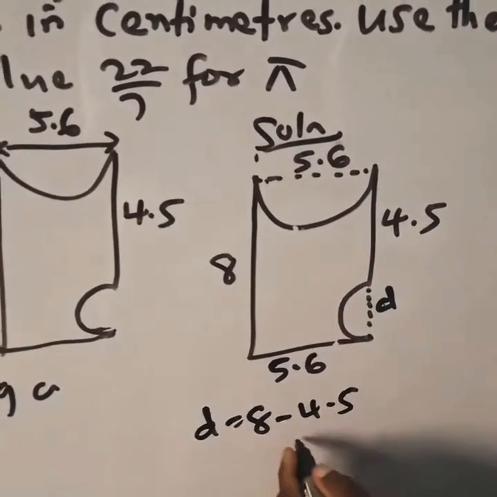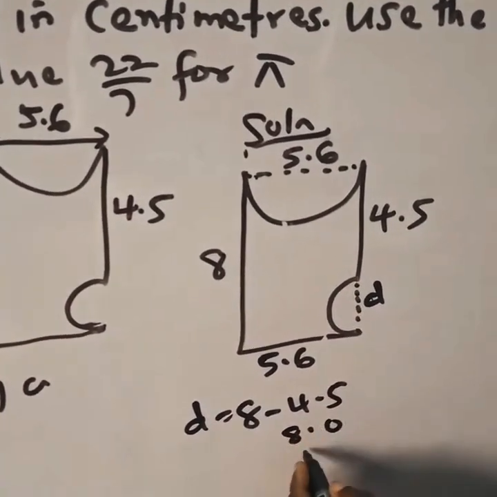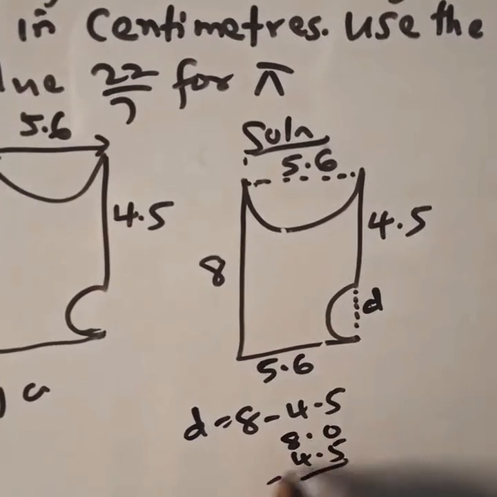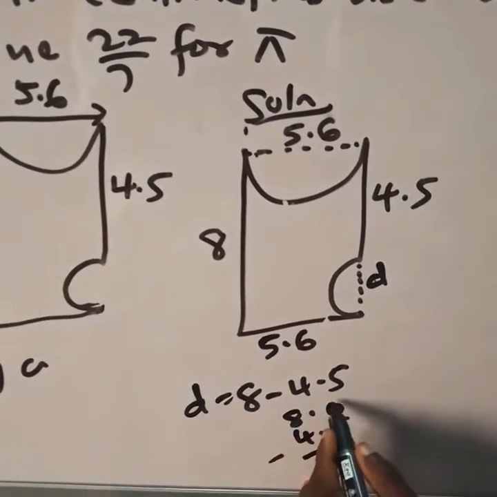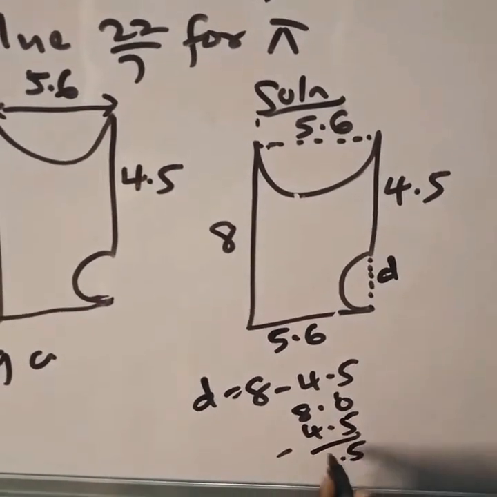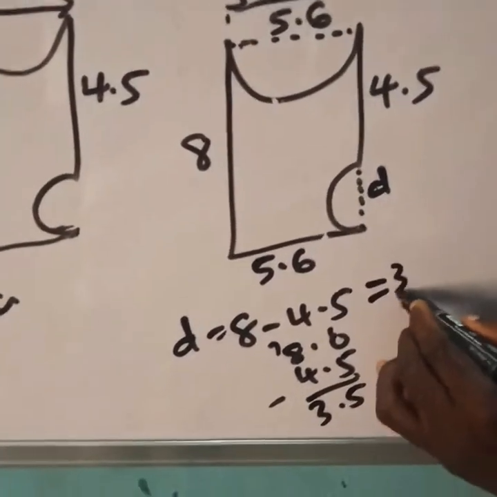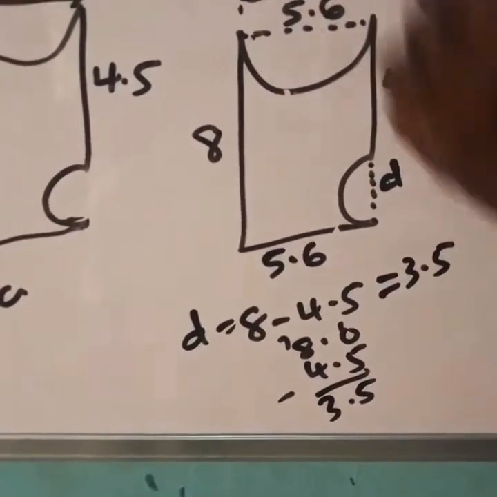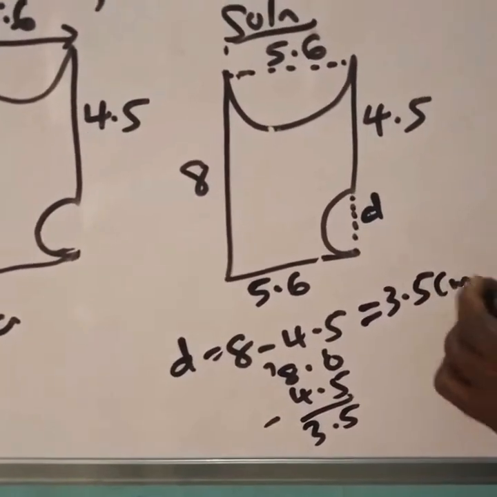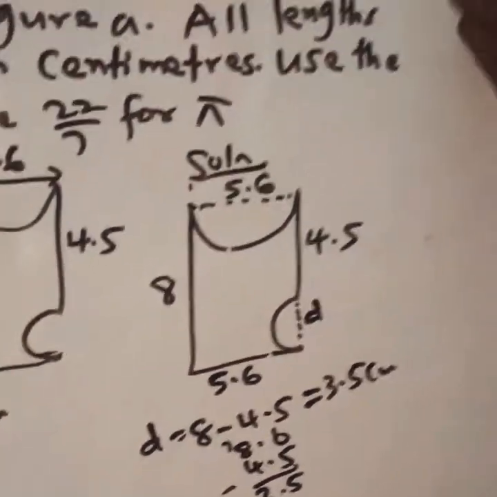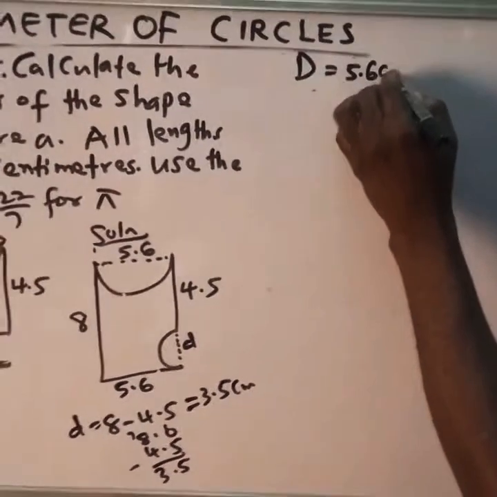When you are subtracting this, you have 8.0 minus 4.5. Borrow 1, here remains 7. 10 minus 5 is 5. And 7 minus 4 is 3. So your diameter is 3.5. All dimensions are in centimeters. And the big diameter is 5.6 centimeters.